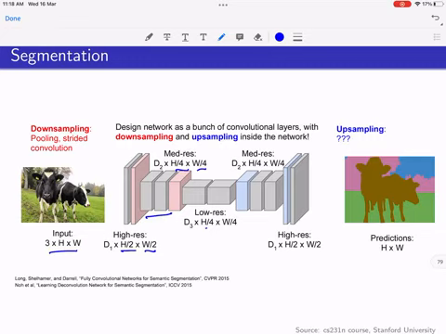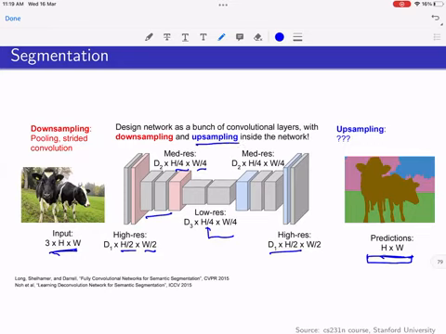Then if you can reverse the process after that. So you have H by 4 by W by 4. From there, you get H by 2 by W by 2, and then H by W. Then only it will serve your purpose. So from 3 cross H cross W, you get an H cross W segmentation map, right?